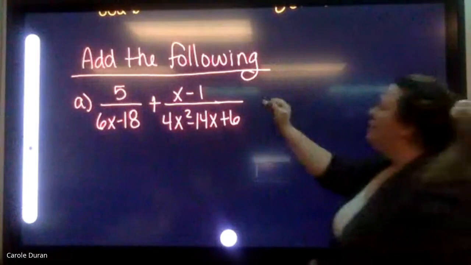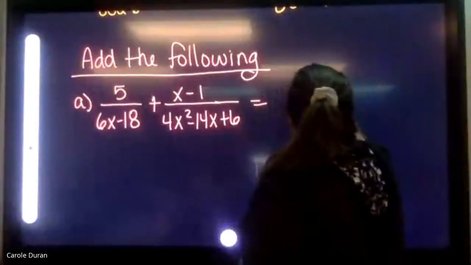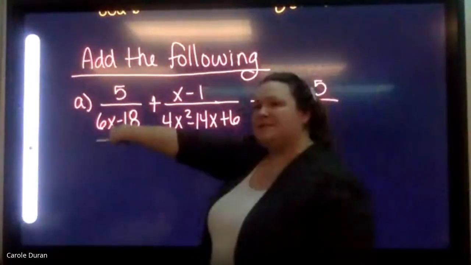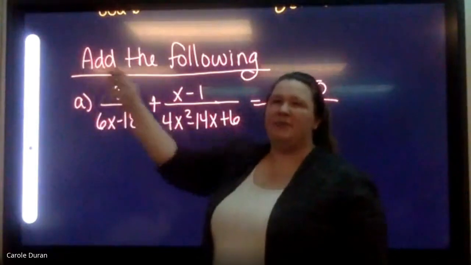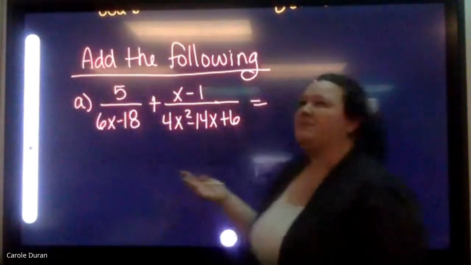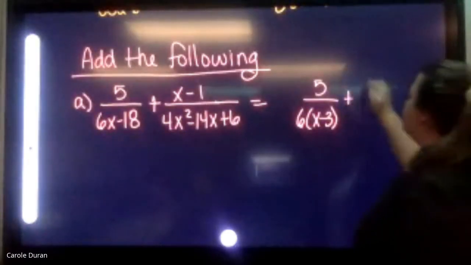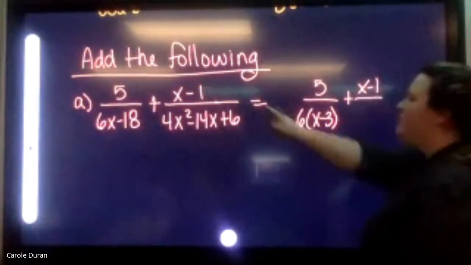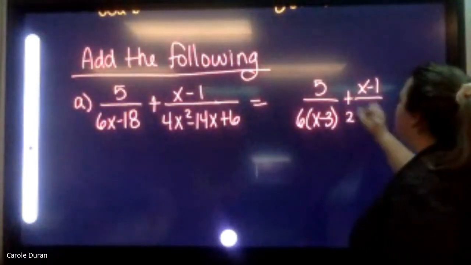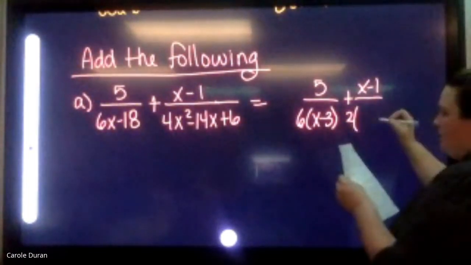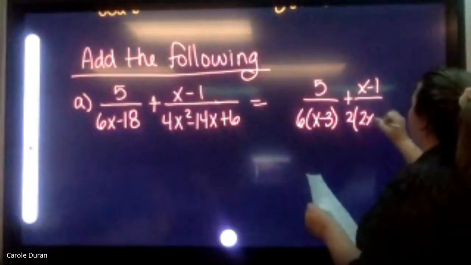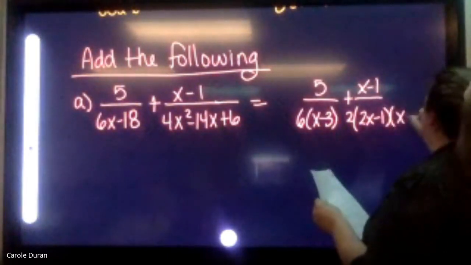Rewriting this, I have 5 over, I'm going to pull a 6 out of both of these and put it out front because maybe x minus 3 is going to be in common. So this becomes 6 times x minus 3, plus x minus 1 over. This is going to factor into 2 out in front of the parentheses, and then 2x minus 1 times x minus 3.